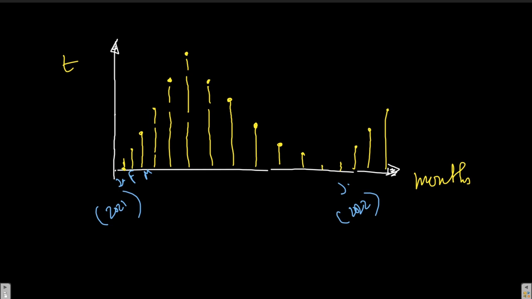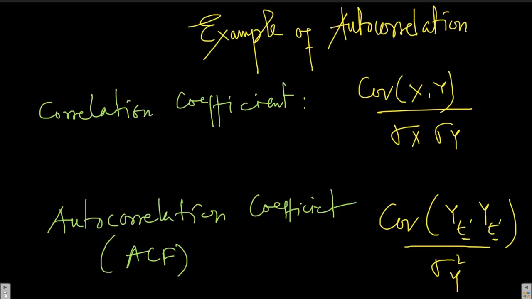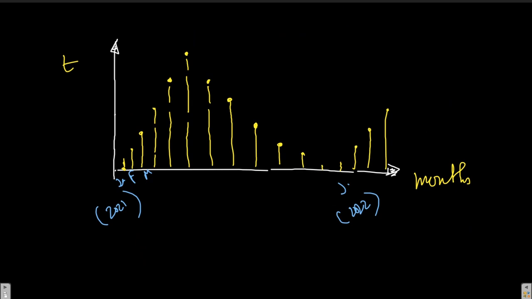Now I want to understand how I measure the correlation coefficient, to understand the autocorrelation part. If I take the correlation coefficient between Jan and Feb, the temperatures are pretty close, so the correlation coefficient is going to be a little high.